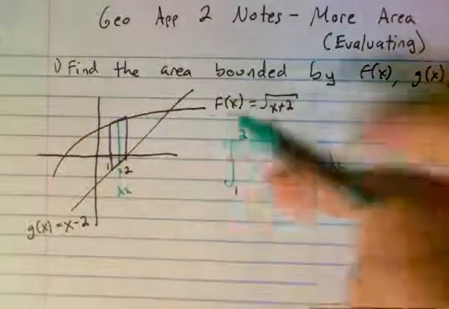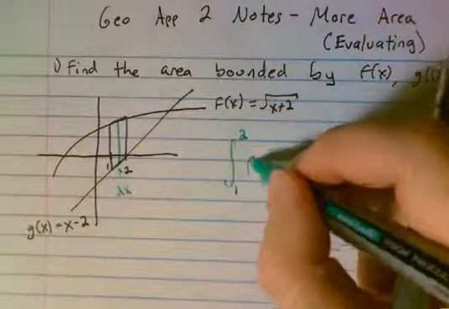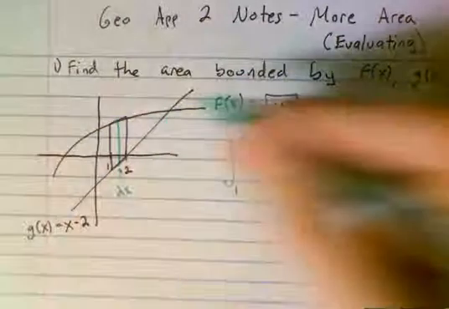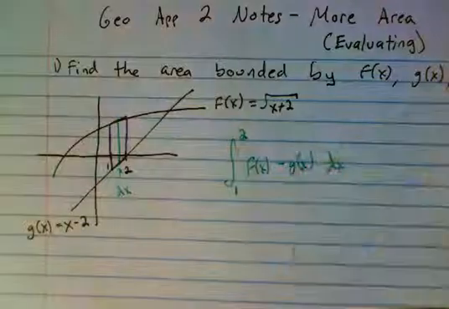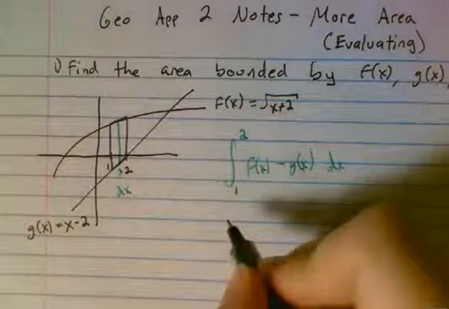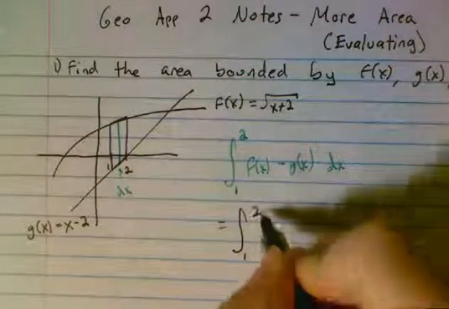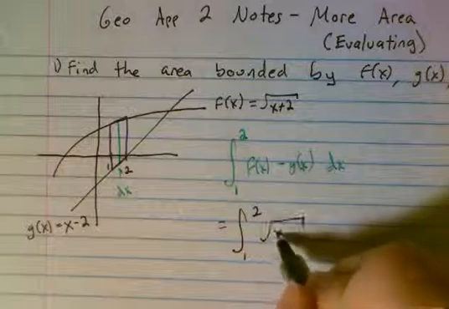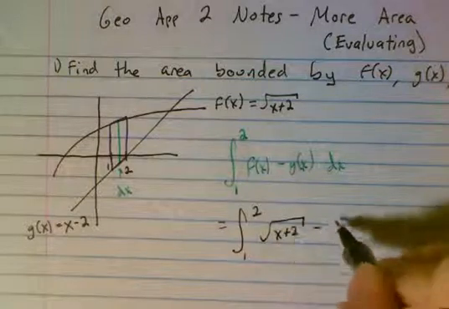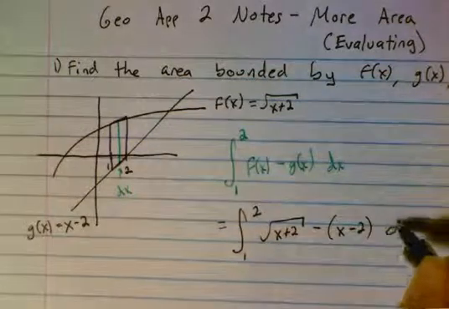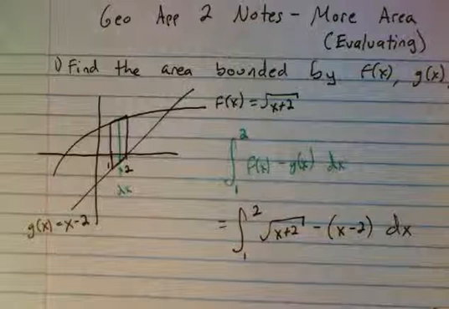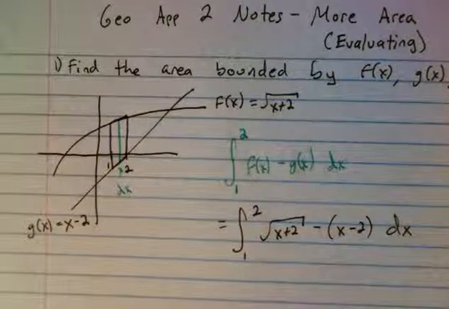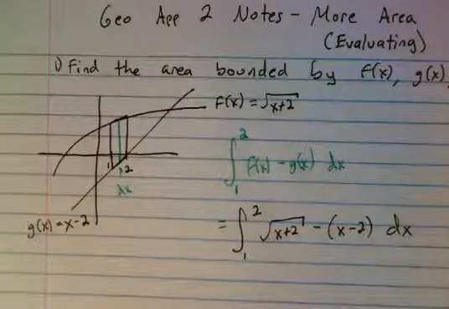F of x is this equation here on top, so we're doing f of x minus g of x. And we can substitute in for f of x. And we have an expression just like we did in the previous lesson.